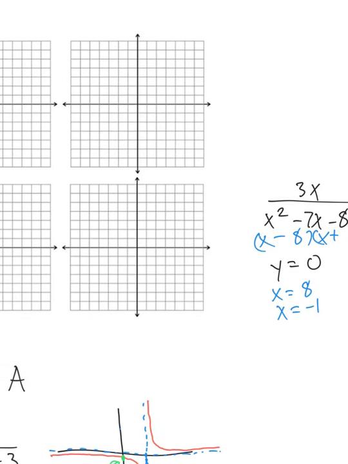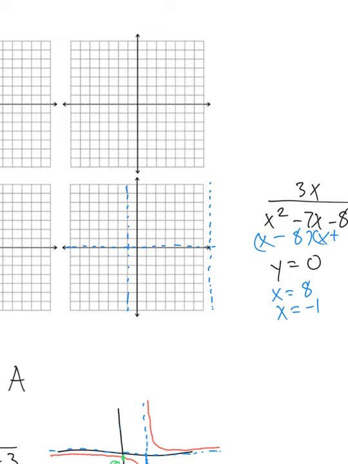So here if I draw a blue dotted line at y equals 0, and then a line up and down at 8 and negative 1. This would be 8, per se.